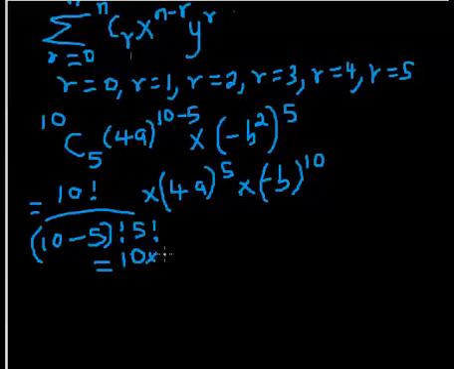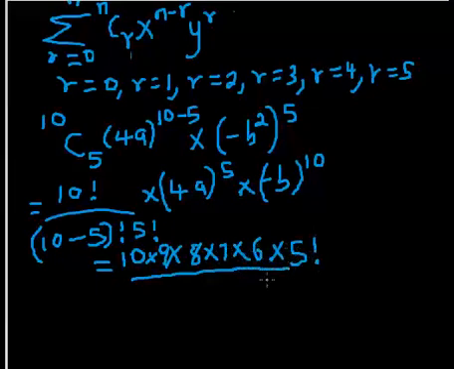That was 10 times 9. Don't forget, I will stop at 5 factorial so that it will cancel out: 10 times 9 times 8 times 7 times 6, then times 5 factorial, divided by 5 factorial times 5 factorial. Don't forget to add our variables.